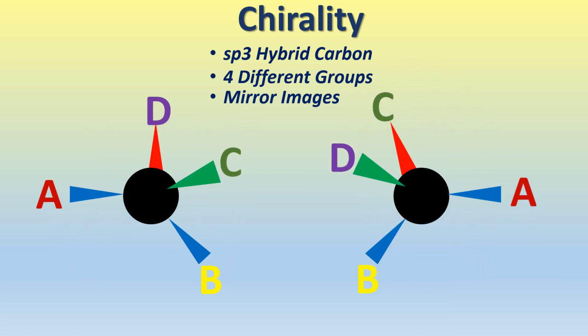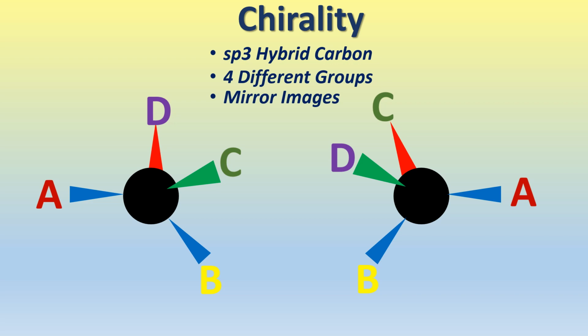As one rotates the molecule around, you see that A and B, in this case, are occupying the same position, A being in the back of the molecule, B being in the lower quadrant, while C and D are opposite to each other. It's essentially like looking into a mirror and seeing the person on the other side raise their left hand when you raise your right hand.